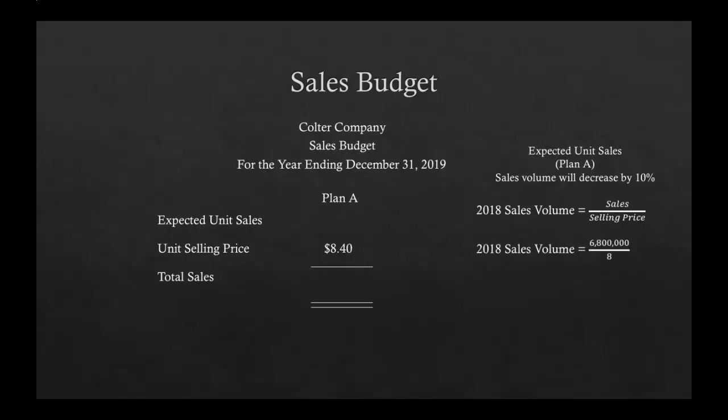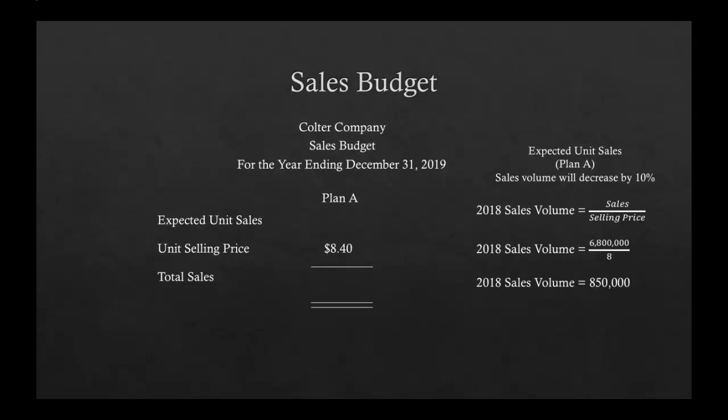In 2018, they had sales of $6,800,000, and they sold each unit for $8. So we divide those and we see that the sales volume in 2018 was 850,000 units.